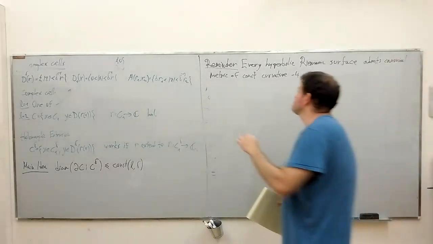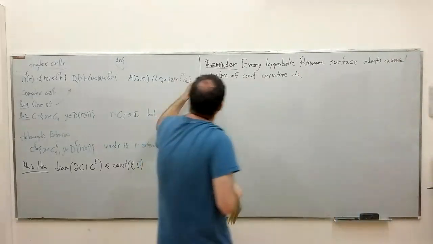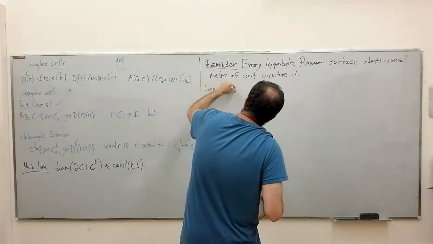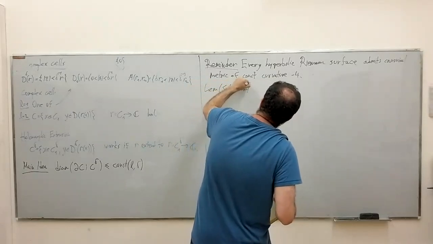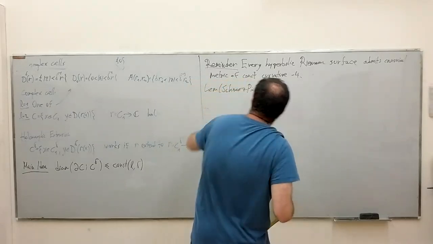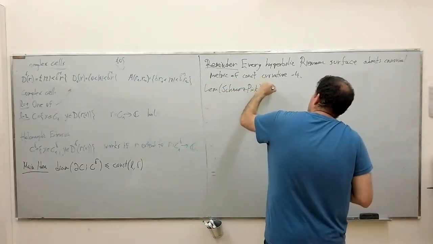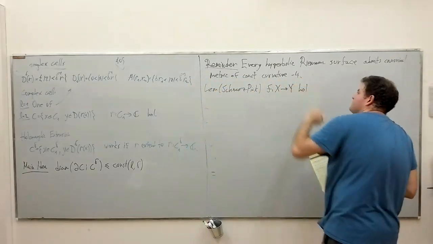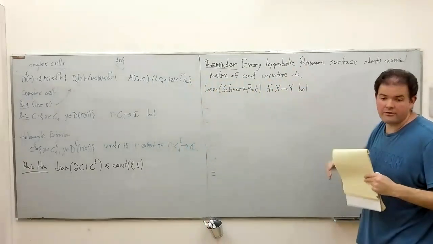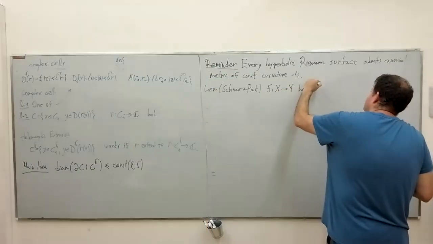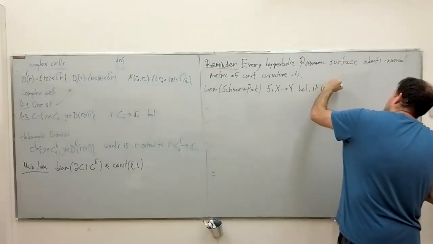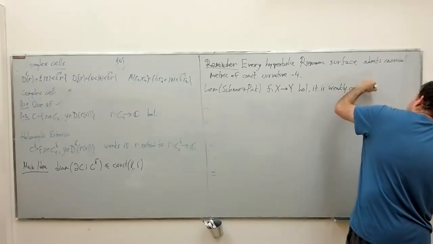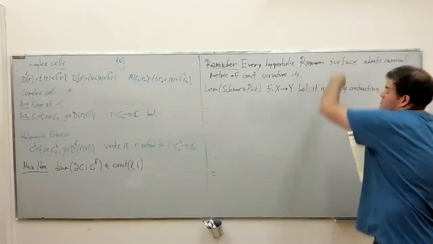And there's a magical property of this metric, which is called the Schwarz-Pick lemma. It states that if you have a holomorphic map between two hyperbolic Riemann surfaces, it is weakly contracting with this metric.